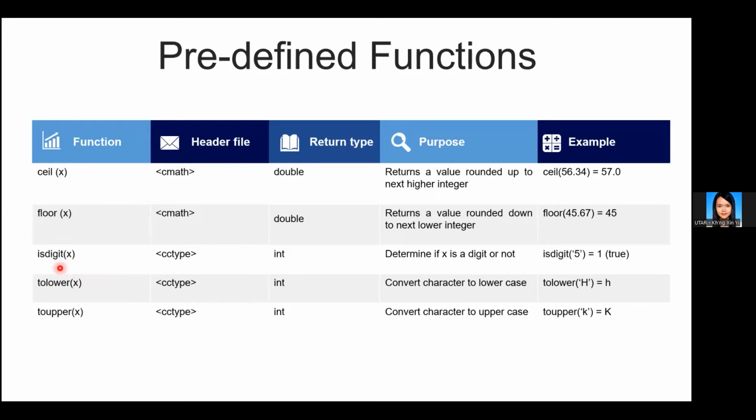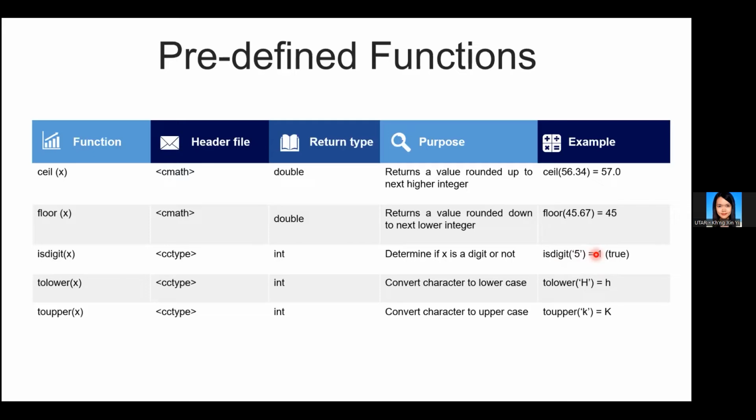So if you look at the isdigit function here, it's going to do the checking: is the x value, the argument here, a digit or not? For example, if I check isdigit and inside the bracket I put a 5, of course 5 is a digit, right? So it will return 1 to us.